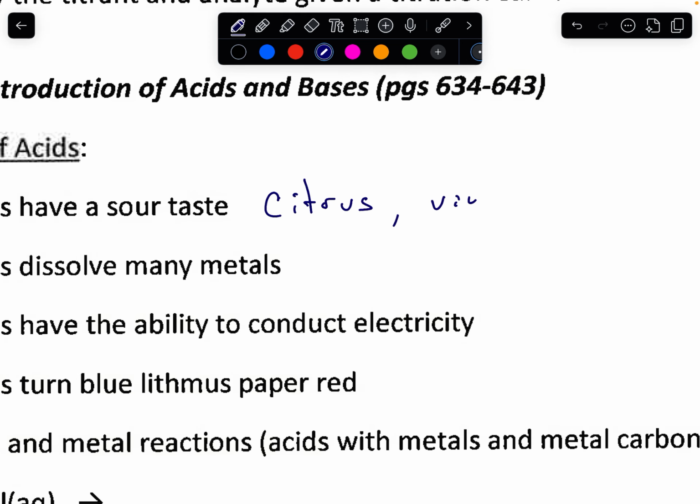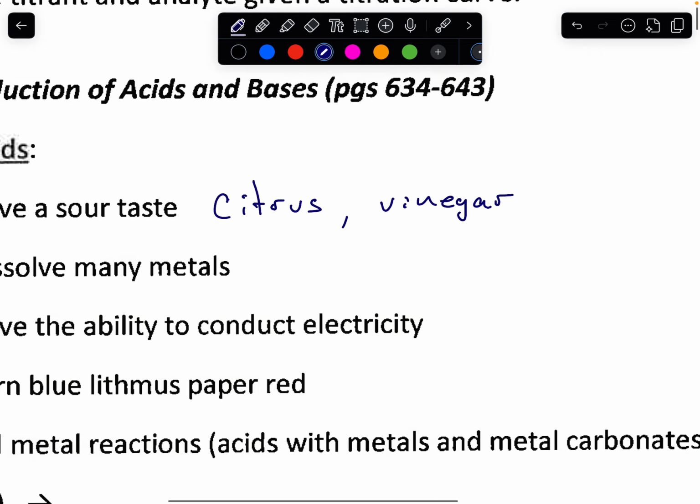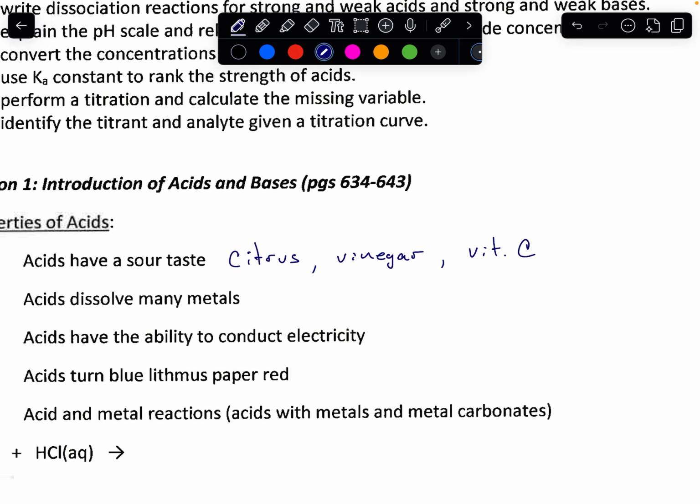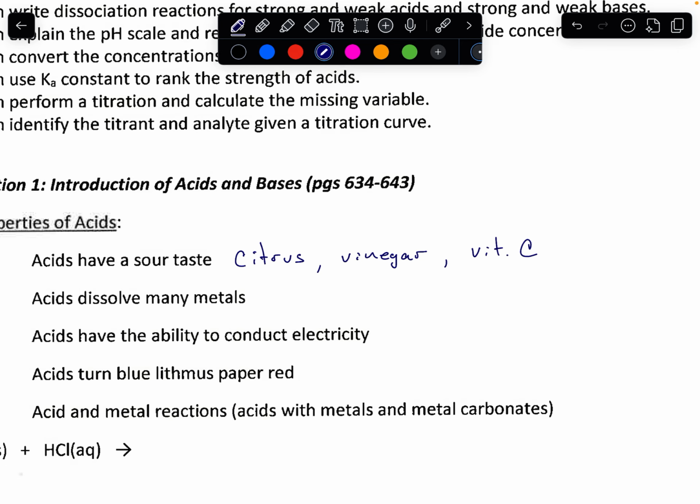Other things would be vinegar. Vinegar has acetic acid in there. We use that for our cooking as well. And one other one would be something like vitamin C. Those all have acids in them, and they all have that very characteristic sour flavor to them.